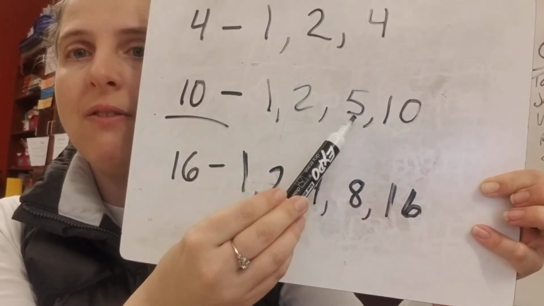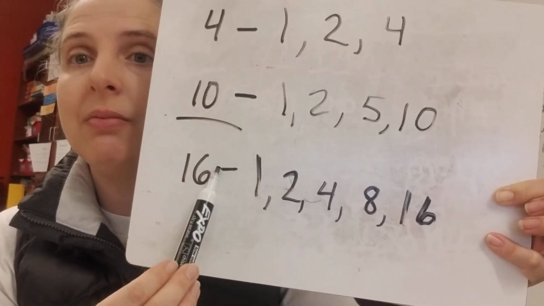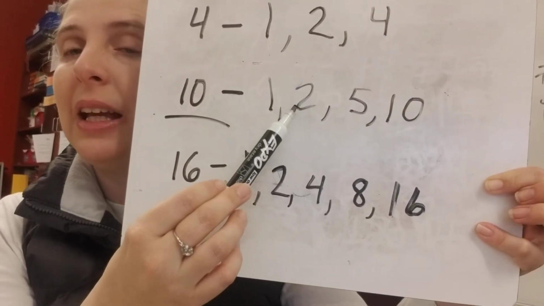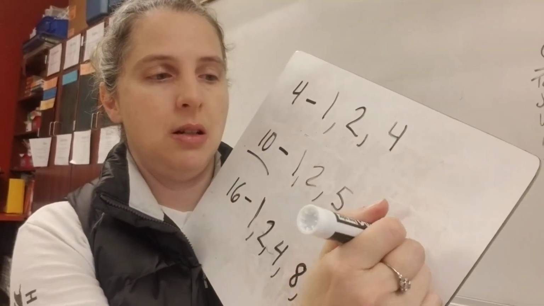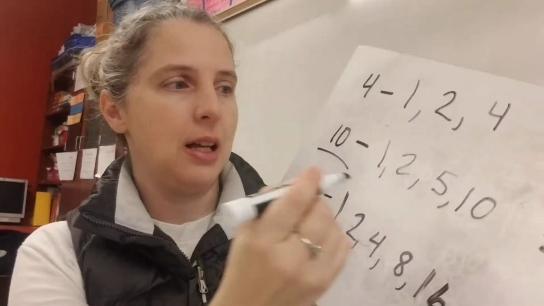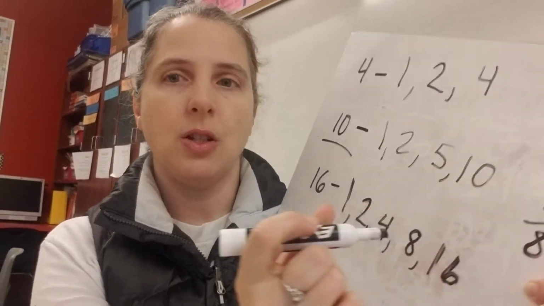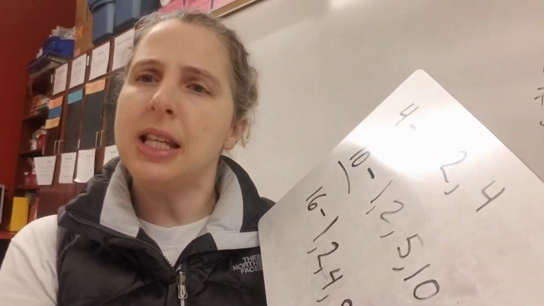No. Can 5 go into 16? No. Can 2 go into 16? Yes. So then that means I can only divide by 2. 10 divided by 2 would be 5. 16 divided by 2 is 8. So my simplified fraction would be 5/8.